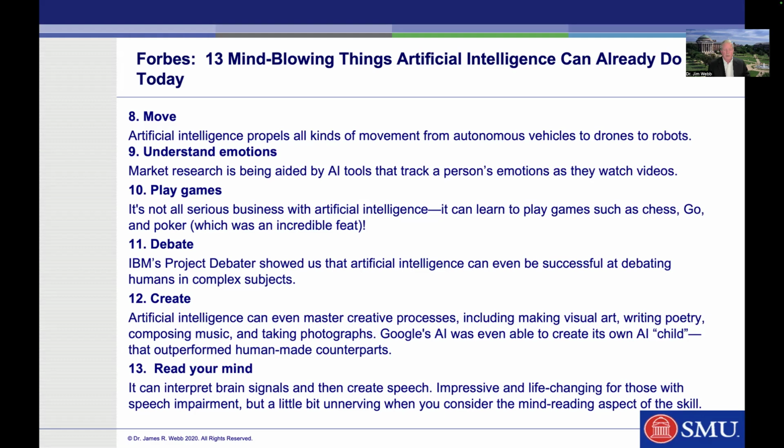Artificial intelligence is getting better at creating processes. They can make art. They can write poetry. They can compose music. None of it really hits the same level as humans yet. And of course, in some cases, they can actually read your mind. There are people who can put different devices around your skull, read brain waves, and actually allow you to work on a computer and things like that.